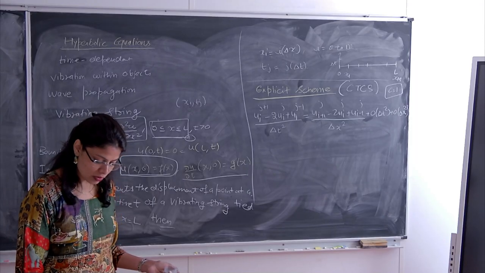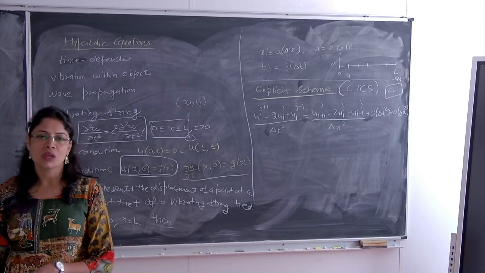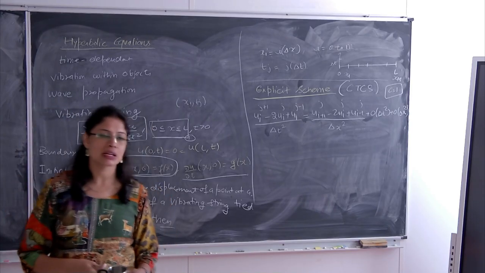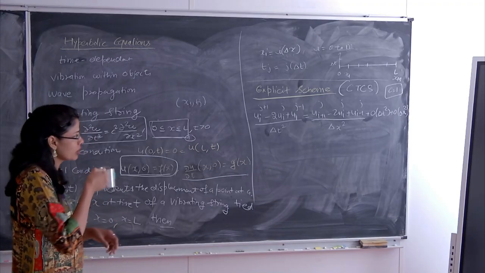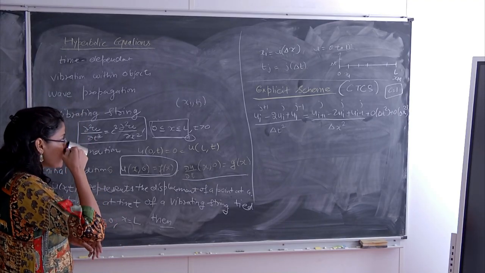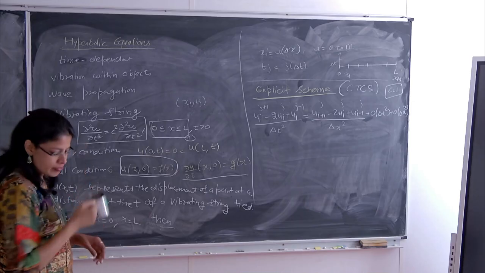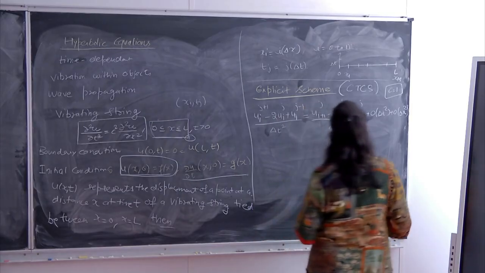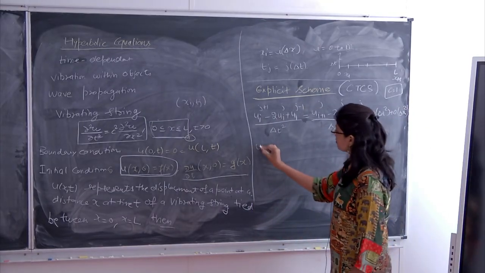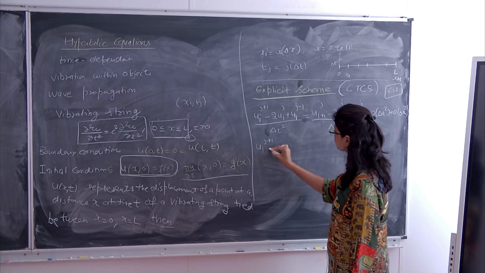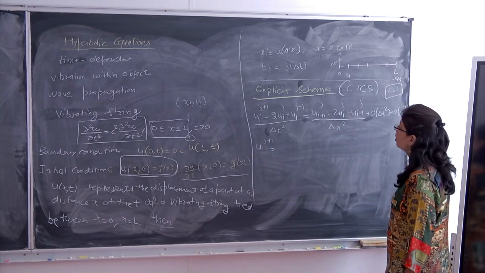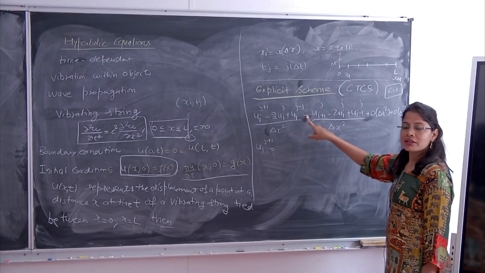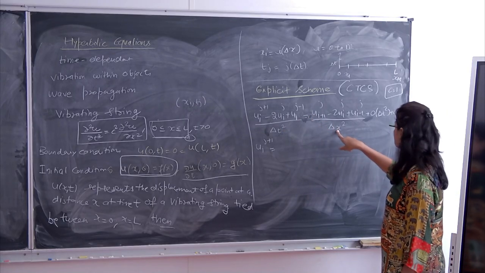Further, you know how to write this scheme. Let's simplify it and write the final version. The next time level should be on the left hand side and the other levels on the other side. So this is u i, j plus 1, that is equal to, this delta t square will go here, delta t square by delta x square is this term.